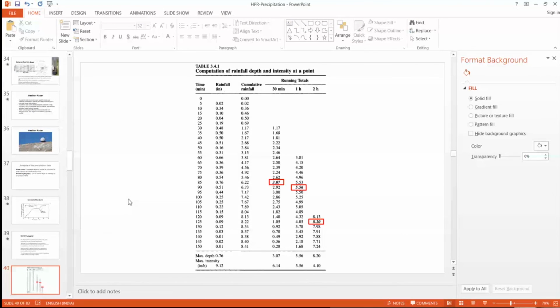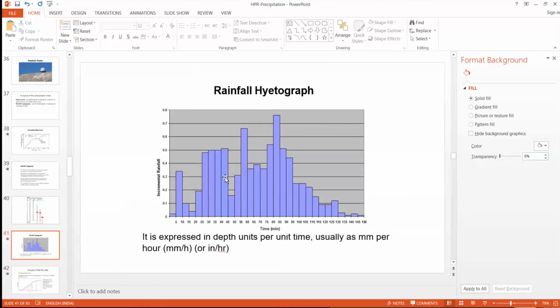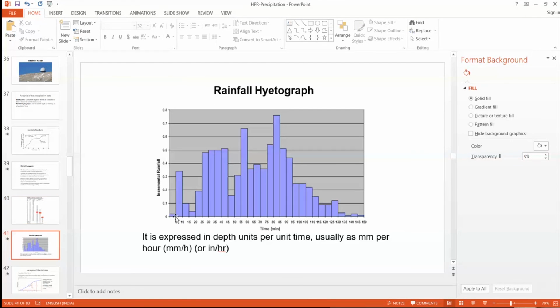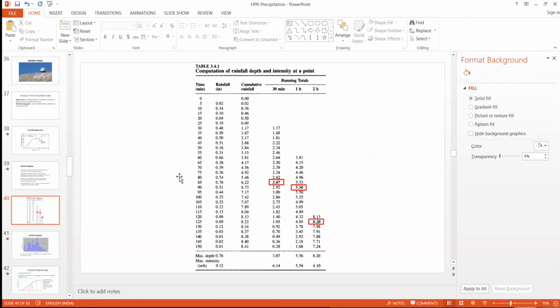So you can see the figure. This is the rainfall hyetograph. It represents rainfall collected in discrete time intervals. Like 0 to 5 minutes, the rainfall is around 0.02 inch. Then from 5 to 10, the rainfall collected is around 0.34 inch.